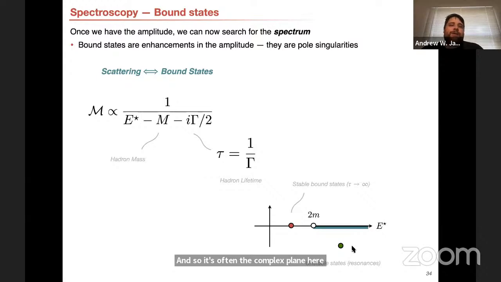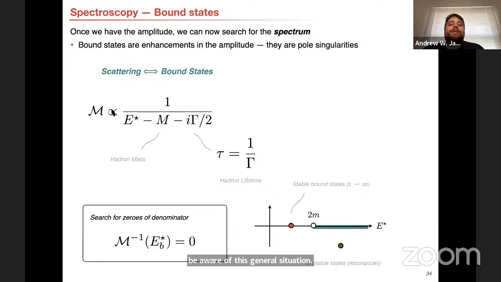I don't really want to talk too much about resonances at this time. We don't have enough time to really go into these details, but I want you to be aware of it. These unstable states, these resonances, we can describe in the same way. However, they're a bit more complicated. The case we'll be focusing on is the deuteron. It happens to be a stable bound state, so it has an infinite lifetime. So it's a little bit simpler, but I want you to be aware of this general situation.